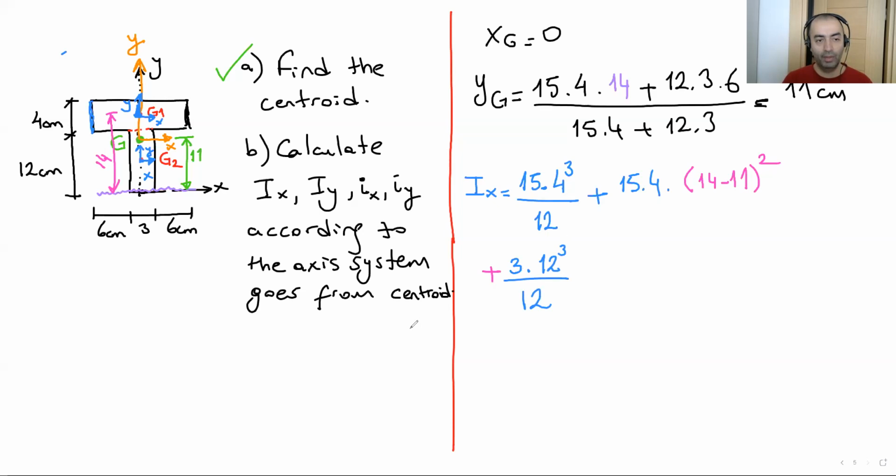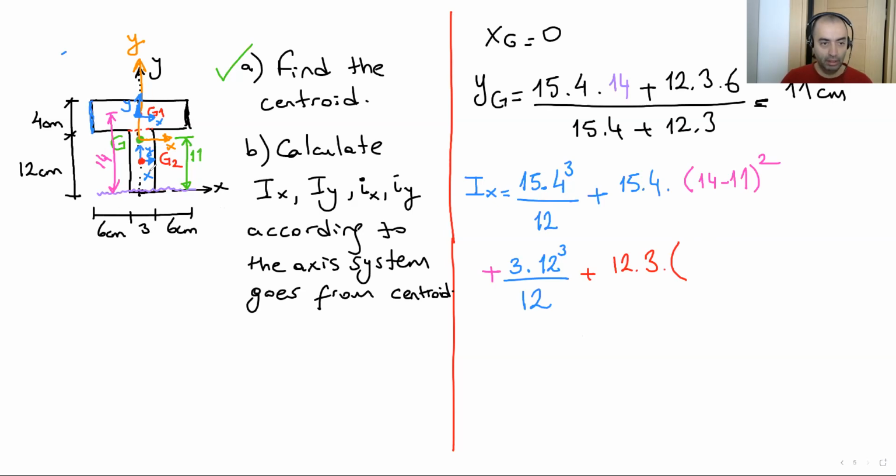Now we are on the local axis of the second rectangle. We need to transfer it to the orange axis system. Plus area times distance squared. The area of the second rectangle is 12 times 3, times the distance.